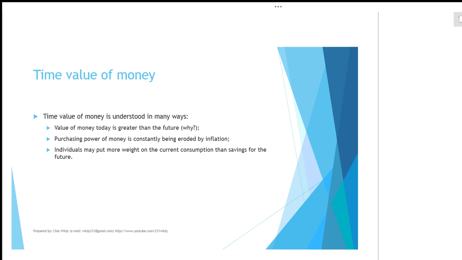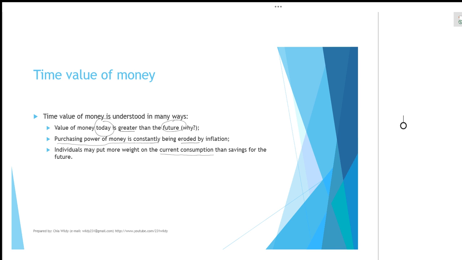Okay, what is the time value of money? Well, there are many points of view about the time value of money. Some understand it as the value of money today is greater than money in the future. Why? Because some believe that purchasing power of money is constantly being eroded by inflation. There is also another point of view where people place greater weight on current consumption than saving for the future.